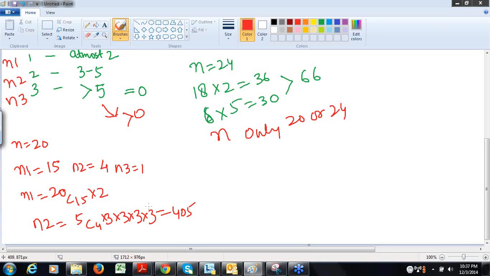Because 4 students among the rest of 5 can be selected in 5C4, and they can get 3, 4 or 5 candies. That can be done in 3 ways, so we do 3 into 3 into 3 into 3. Now n3 can be done in only one way, so there is nothing more to do.